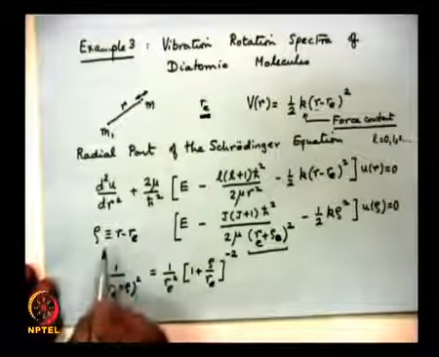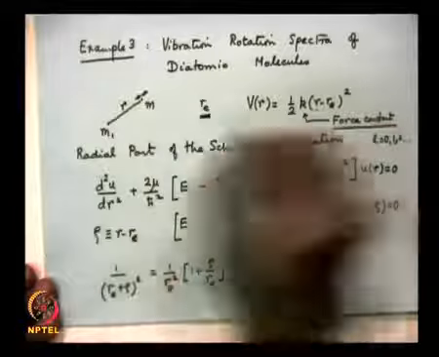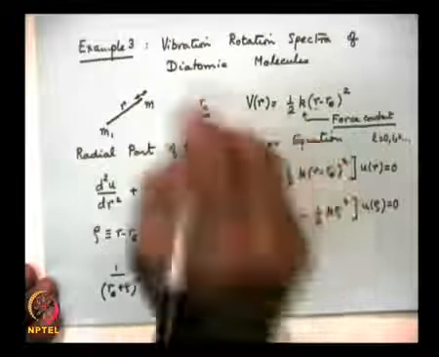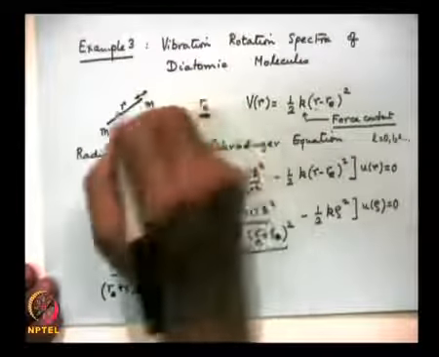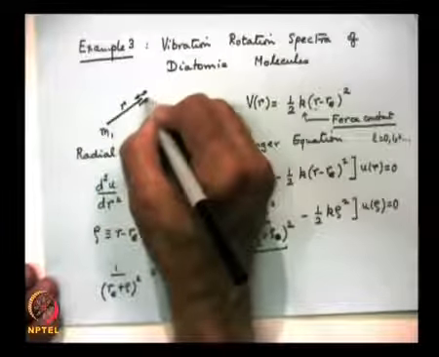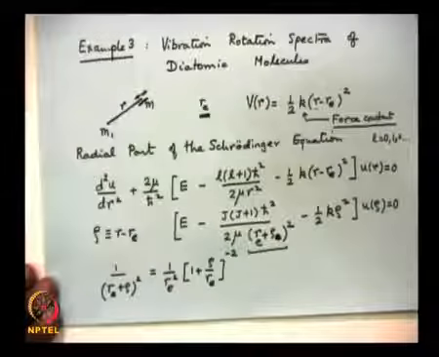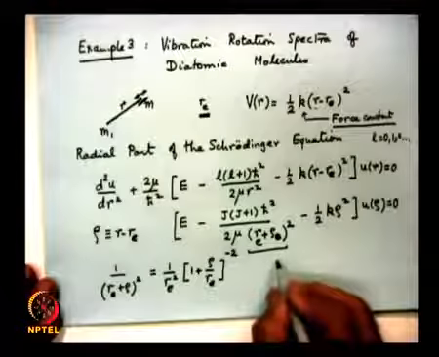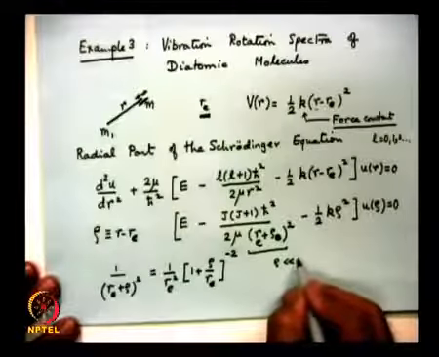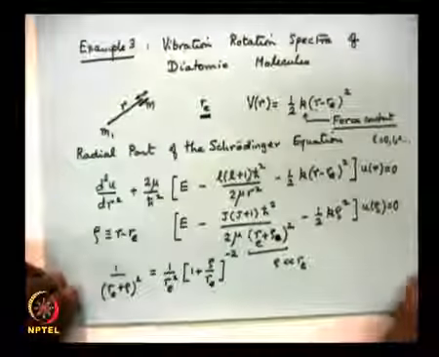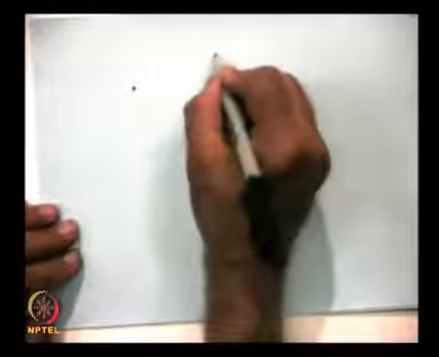Now please see that Re represents the equilibrium distance, and rho represents the small vibrations around the equilibrium position. So therefore, the quantity rho is much smaller than Re for small vibrations. Let me mention this once again, that I consider two atoms.